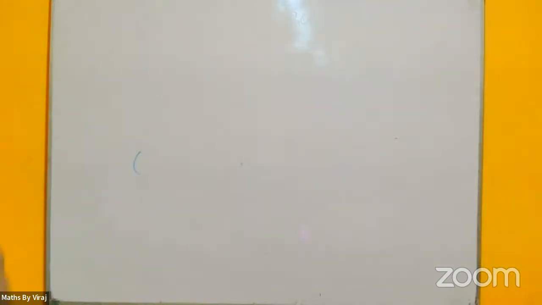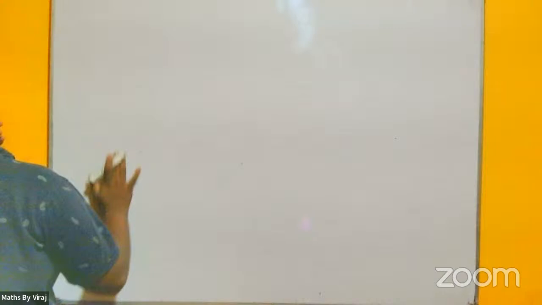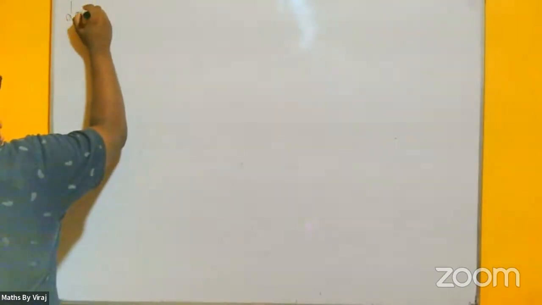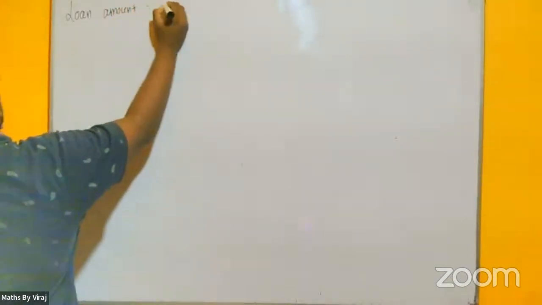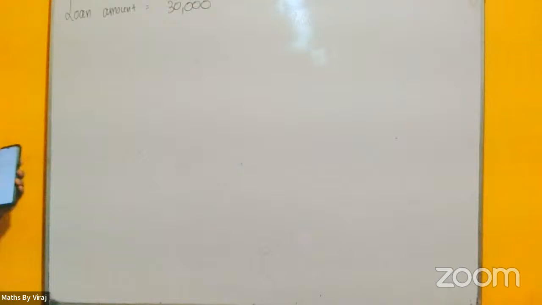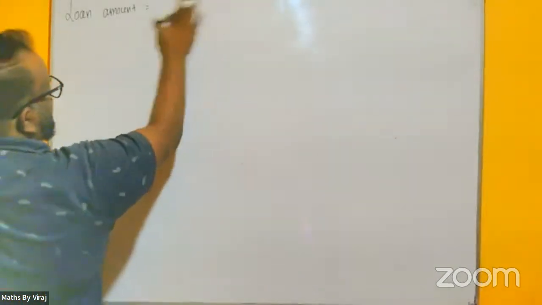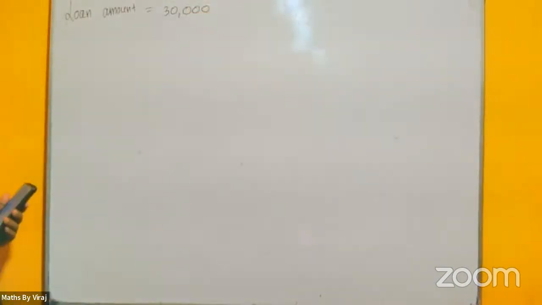Now let's look at this particular sum. It says, Mr. Vikram Singh borrowed, what is the loan amount? Loan amount is what, children? 30,000.